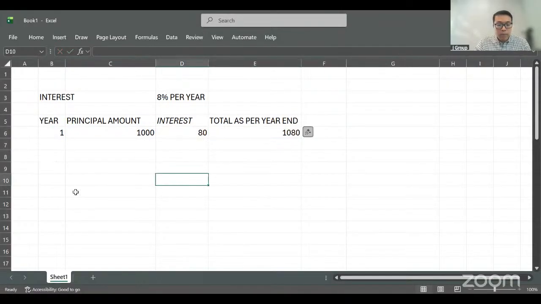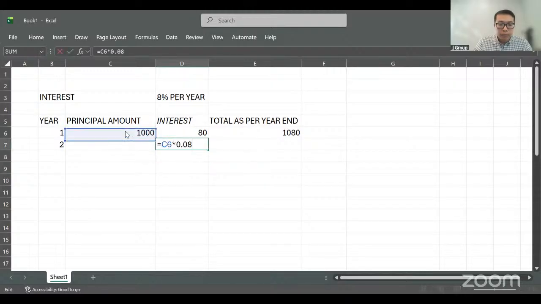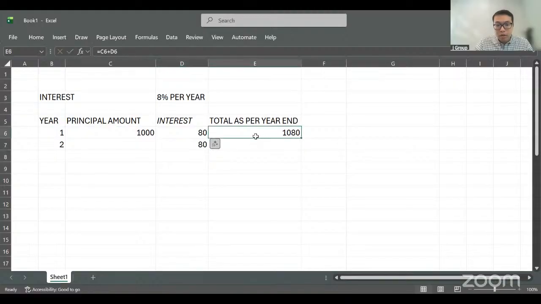1,080. When we come into year two, let's say we did not add anything, we are just leaving the 1,000 there. The interest will still be the same, 8% based on the principal amount itself. So when we come to year two, we are going to have 1,160.